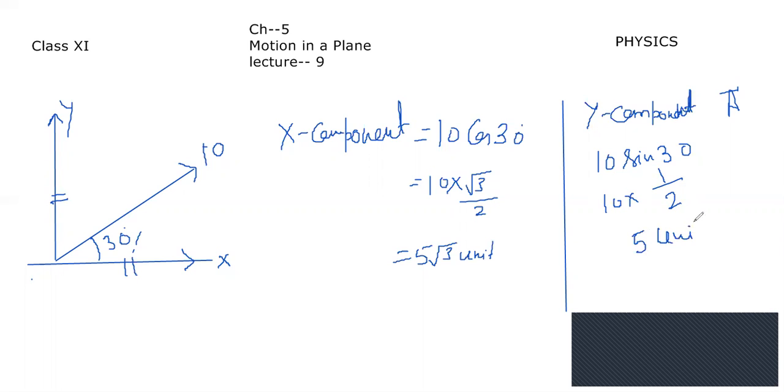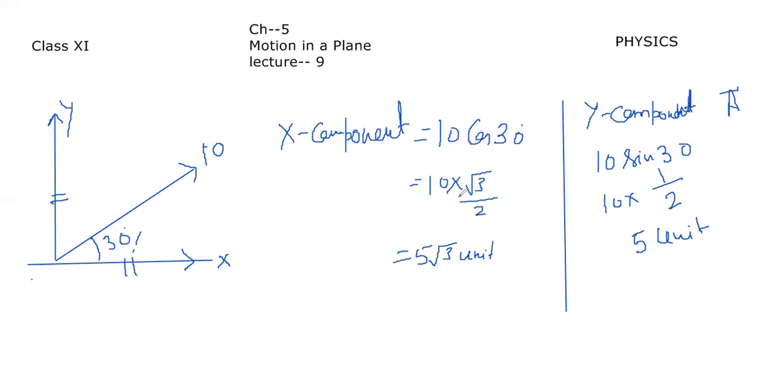So this is 5 units. So are 10 sine 30 and 10 cos 30 clear or not? Tell me. So this is the x component and y component. By this concept, we resolve any vector into any axis, x-axis, y-axis and z-axis. Okay, is this concept clear to all of you?